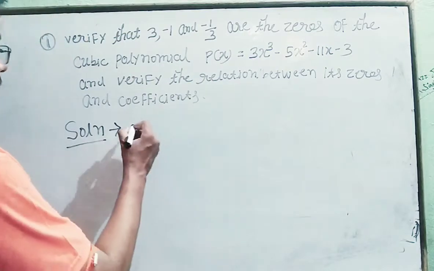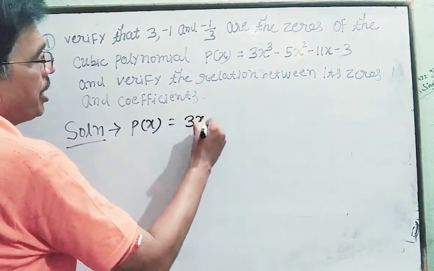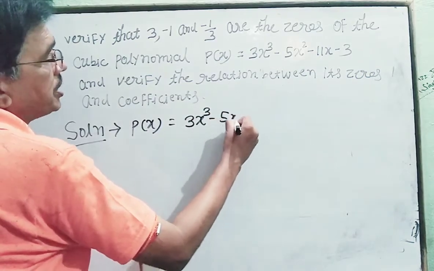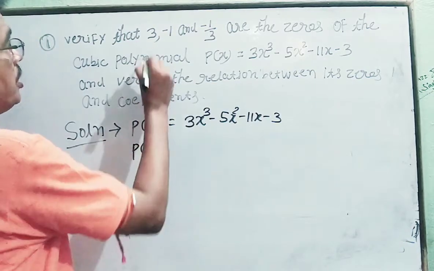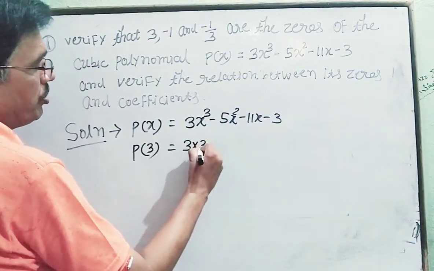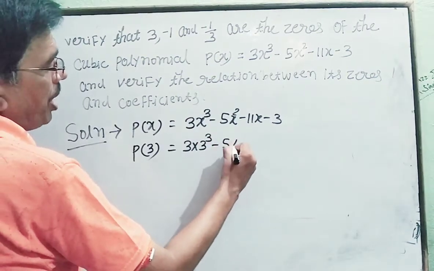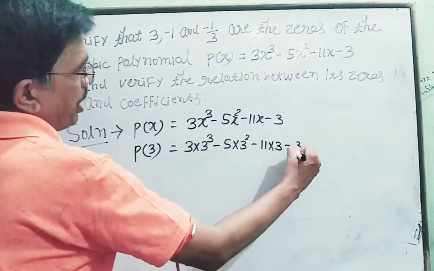So first you write the equation, p(x) is equal to 3x cube minus 5x square minus 11x minus 3, and the zero is 3. So we write here 3. Then 3 into 3 cube minus 5 into 3 square minus 11 into 3 minus 3.